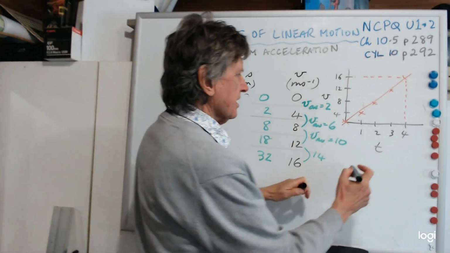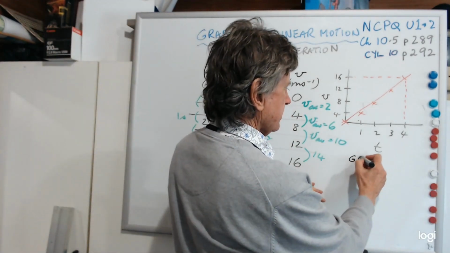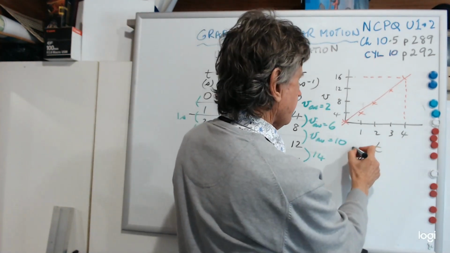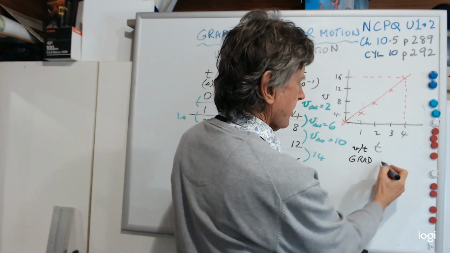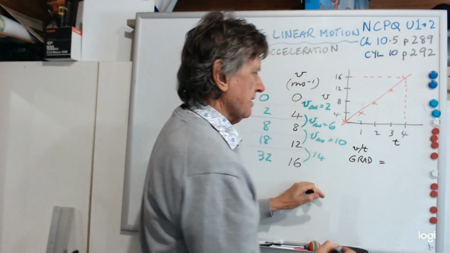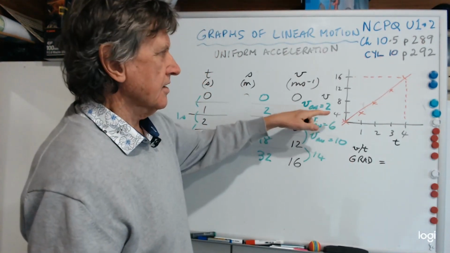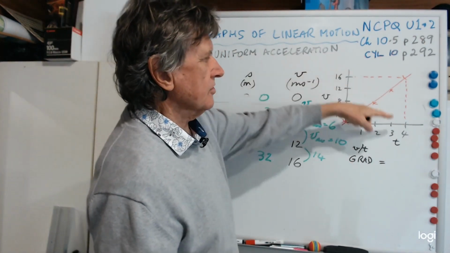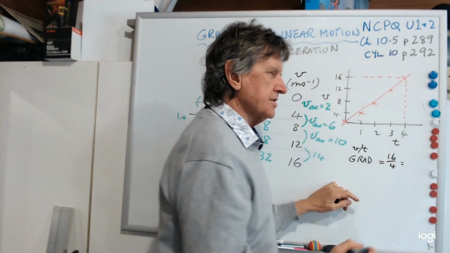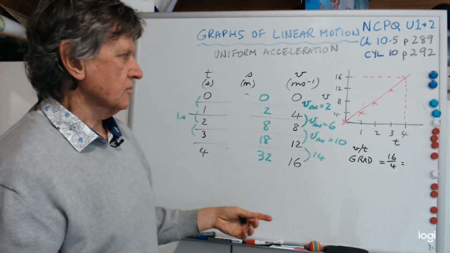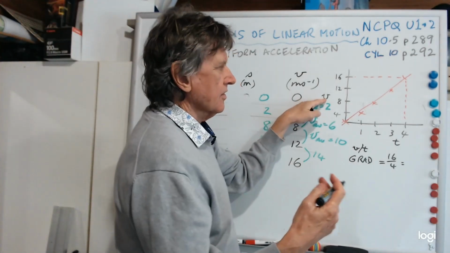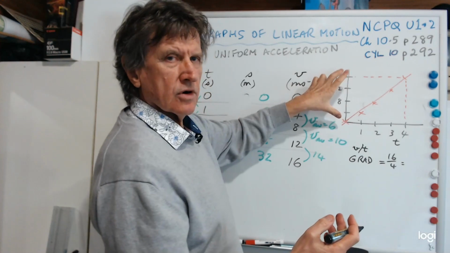If you worked out the gradient of a VT graph, the gradient is 16 on 4. And the question is, what does that 4 represent? Well, it's meters per second. Now you know the gradient is change in y divided by change in x.